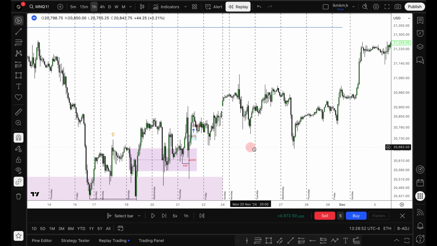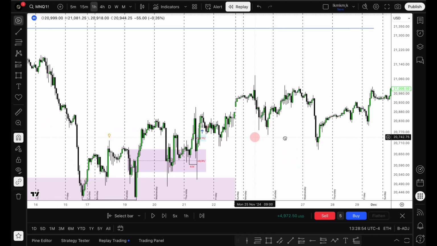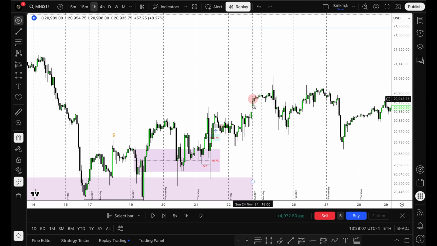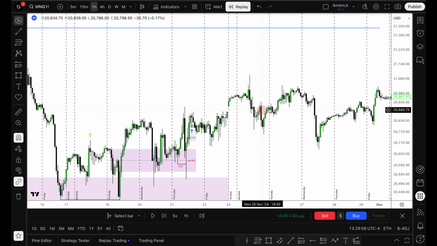But that's just a quick example. In a real life scenario, as soon as we got to around these areas, or even to take out this high and then reach for these areas, I would have taken off partials, but because it's on replay mode, I just let it play out.